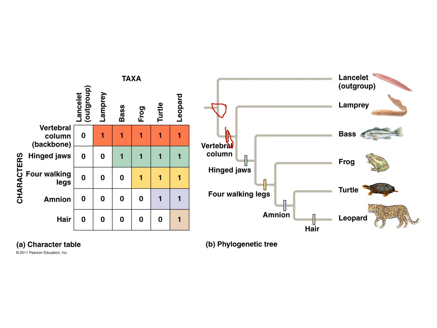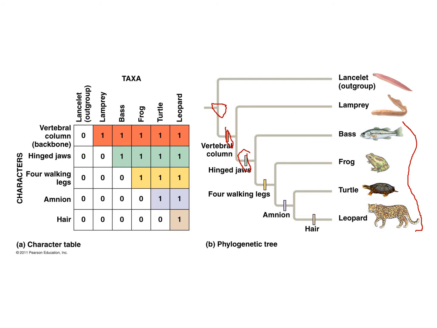Now, as we look at the data further, bass, frog, turtle, and leopard all have a hinged jaw, and the lamprey doesn't. So that is the justification for separating the lamprey from the other 4 taxa. And again, we make a second branching. We indicate on the tree the basis for creating this group here that we've separated from the lamprey.